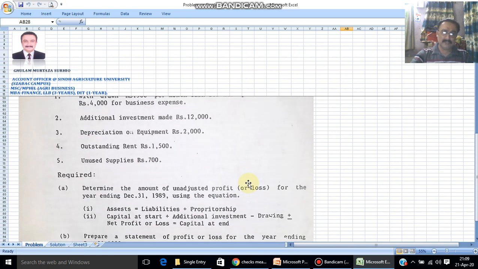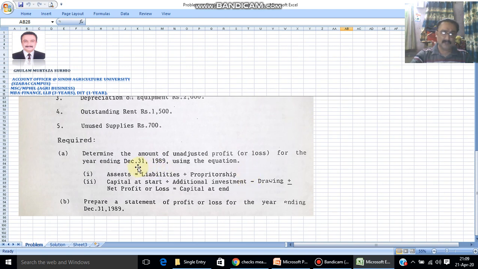Now we have to determine the unadjusted profit first of all using two equations: the accounting equation, and then capital at start plus additional investment minus drawing, plus or minus whatever there would be. Either there would be profit or loss, so that's why we have used two signs, and then capital at the end. And then the second requirement, B, is to prepare a statement of profit or loss for the year ending December 31st, 1989.